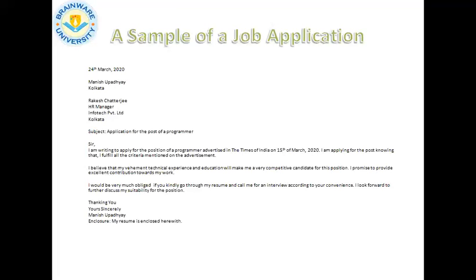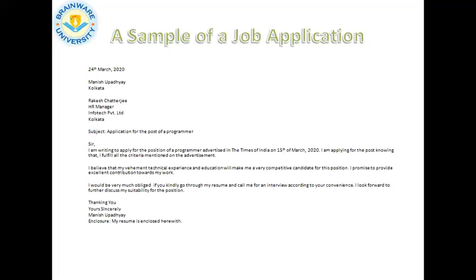Understood? What are the other points which you should keep in mind? Like the format, which I have shown you. You have to follow that format. If you are sending a typed hard copy of your letter, be sure that you are writing the date at first, then the sender's address, followed by the receiver's address.